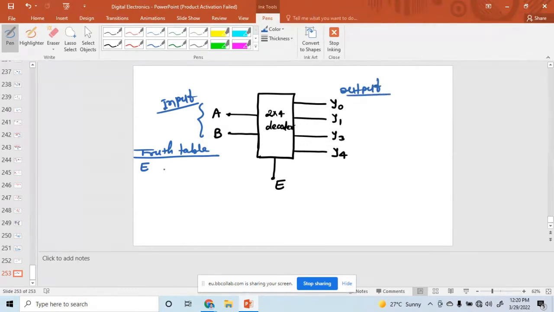So enable, then inputs A and B, where A is the MSB and B is the LSB, and then outputs Y3, Y2, Y1, and Y0. This is the truth table.